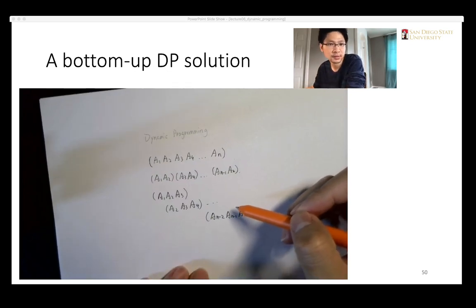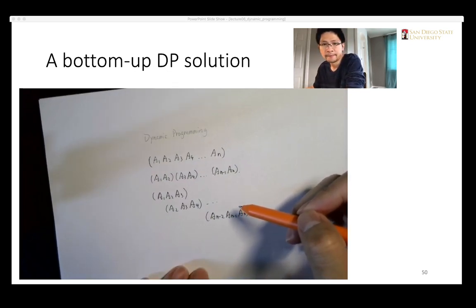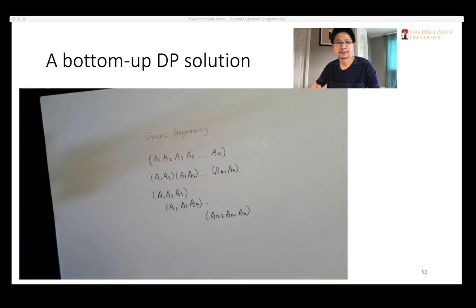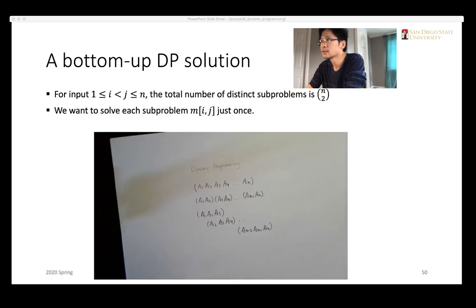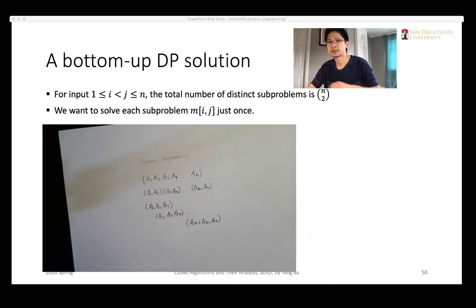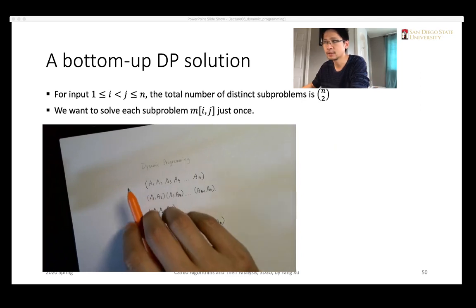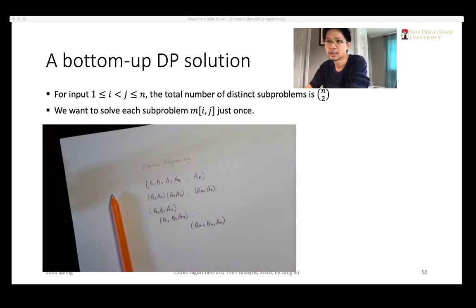once. So we say that the total number of distinct subproblems is this quantity, what we call the combination of n choose 2.